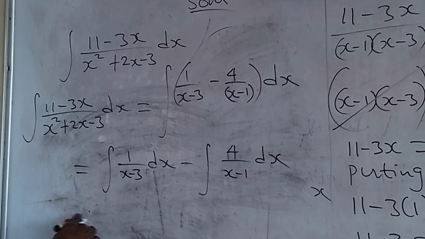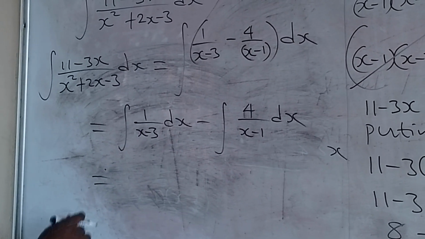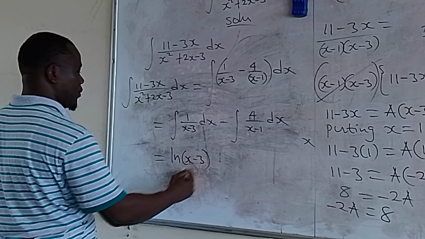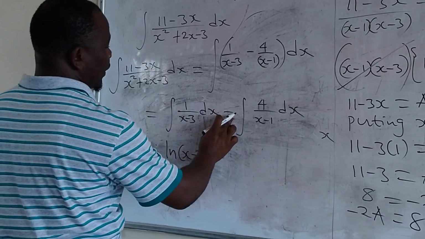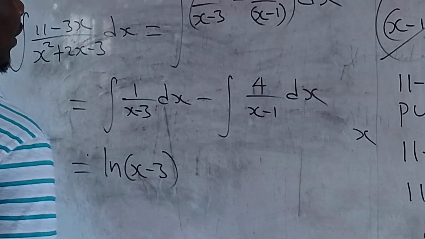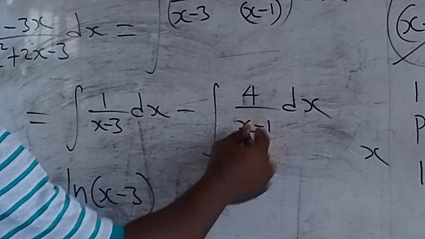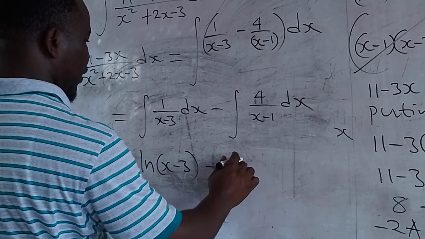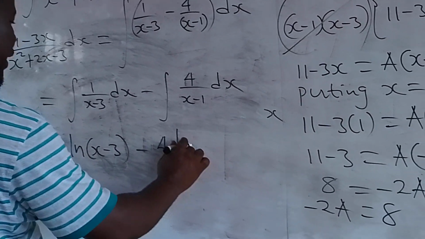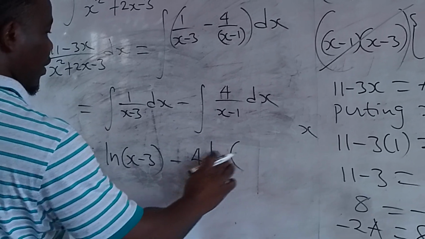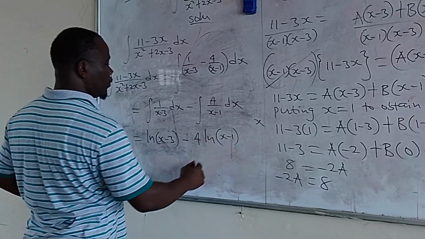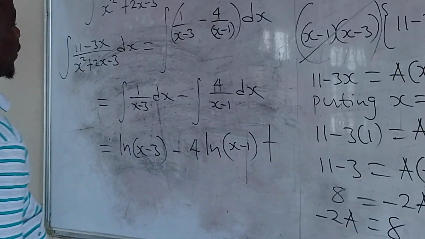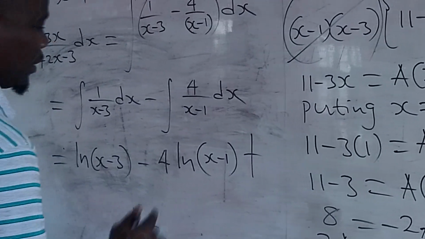If you integrate 1 all over x minus 3, it will give you ln x minus 3. Is that clear? Then, if you integrate 4 all over x minus 1, it will give you, note that there is minus here, minus 4 ln x minus 1. Note that in integration, don't forget the constant.